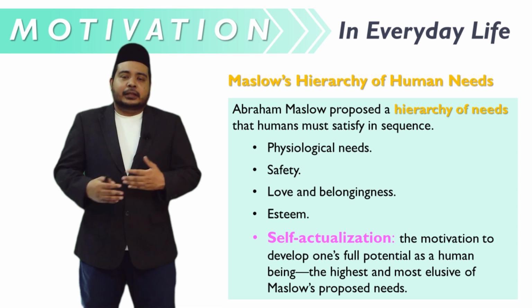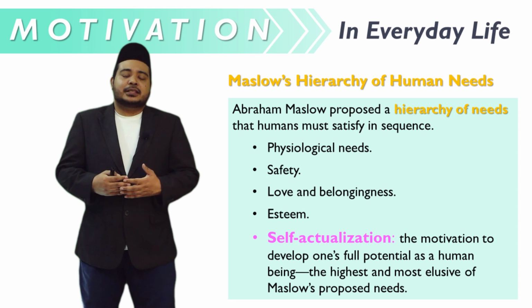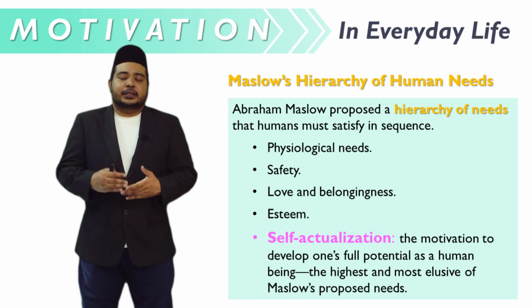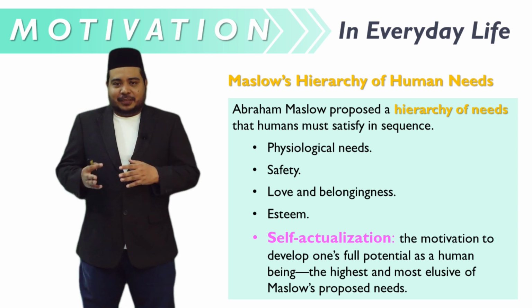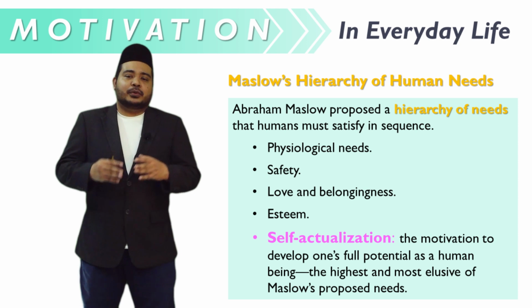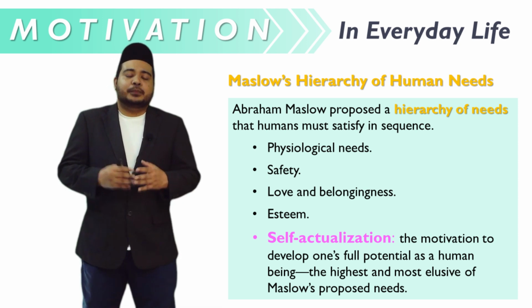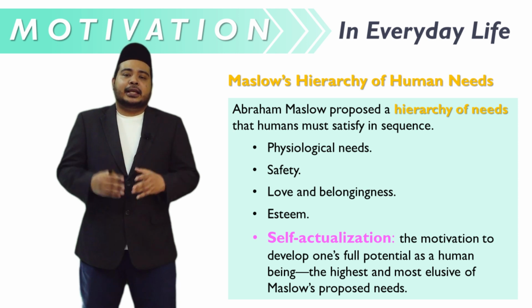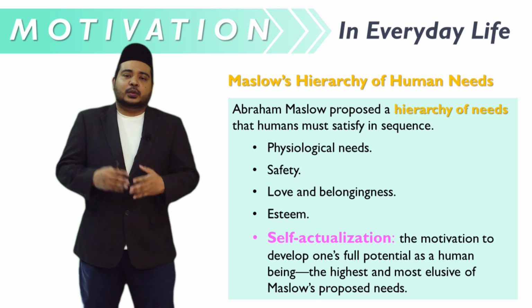And if we are able to fulfill our esteem needs, we will be able to achieve the highest level of needs, which Maslow regarded as self-actualization. Self-actualization is the motivation to develop one's full potential as a human being. It is considered the highest and the most elusive of Maslow's proposed needs.